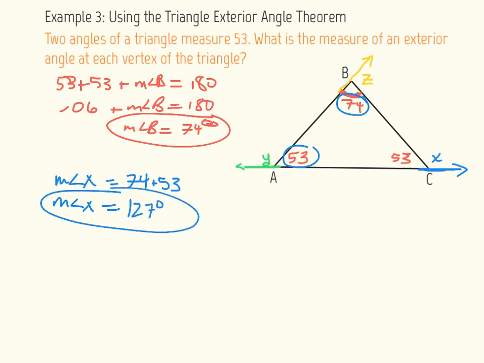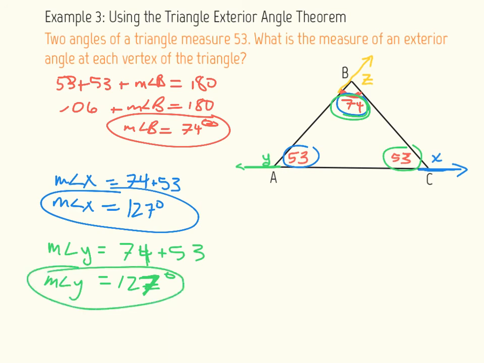Alright, the next one, we need to do a similar thing to find Y. The remote interior angles of Y are the B and the C right there. So 74 and 53. So the measure of angle Y equals 74 plus 53. You should notice that it is the same. So it's going to be 127. Again, measure of angle Y.